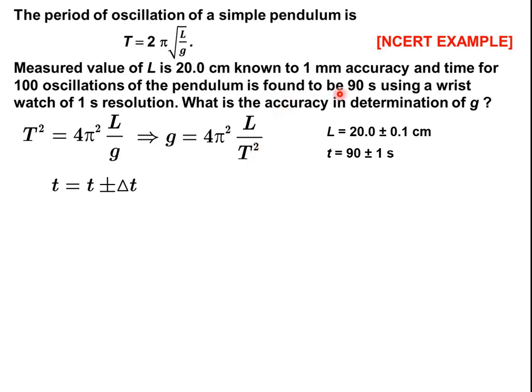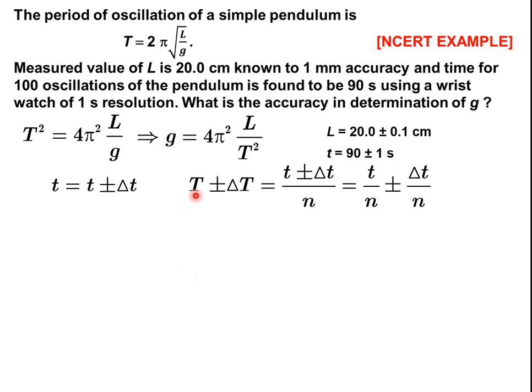Time period is total time taken for 100 oscillations divided by the number of oscillations, 100. So t plus minus delta t would be the time taken for 100 oscillations, 90 plus minus 1 second, divided by the number of oscillations, that is 100. But you are not going to put it because I'll show this n doesn't affect our answer.